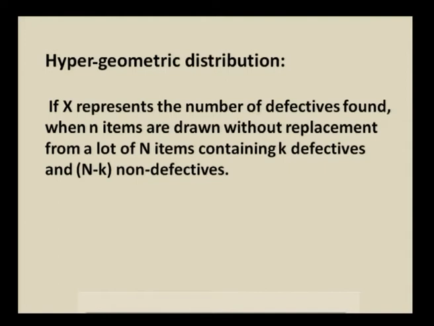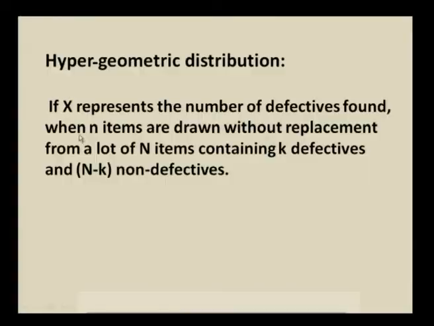Obviously, when there are k defectives in capital N items, then N minus k will be non-defectives. So, what is x? x represents the number of defectives found out of n items drawn.